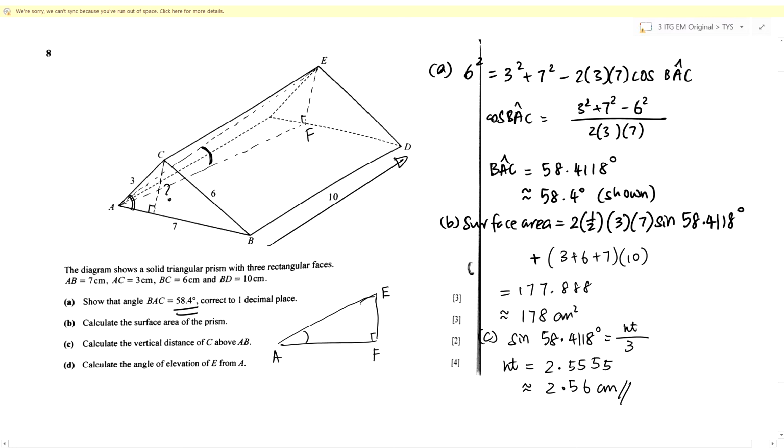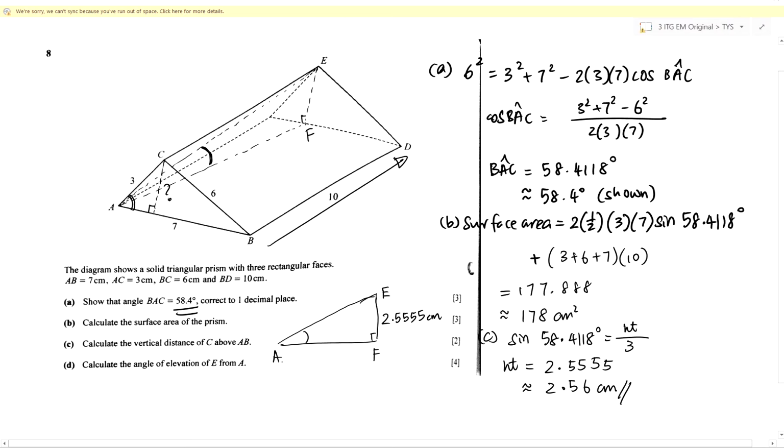We need two lengths in order to find the angle of elevation. The first length that we have is actually EF, because that is the same perpendicular height as the answer in part C. So the height found was 2.555. We need another length. Is it easier to find AE or AF?